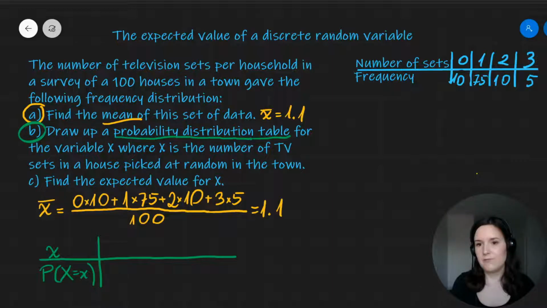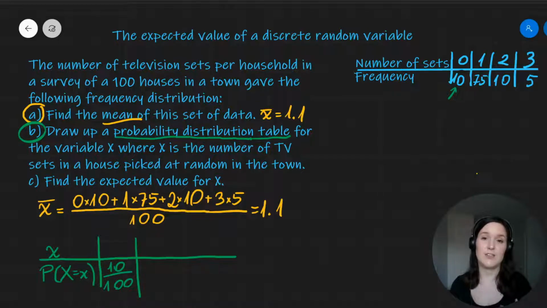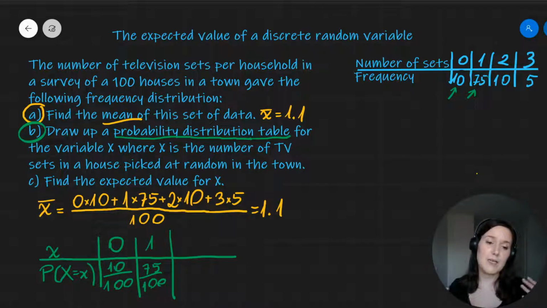And based on the frequency table, there is a 10 out of 100 chance of getting 0 TVs in a household, because 10 out of 100 houses had 0 TVs. The next one, TV in 75 out of 100 houses, so that's the probability that the house picked at random has 1 TV.